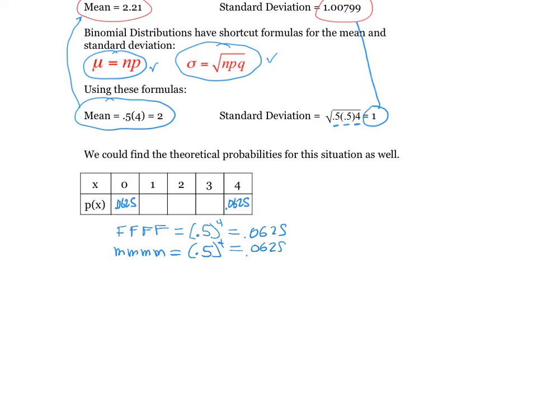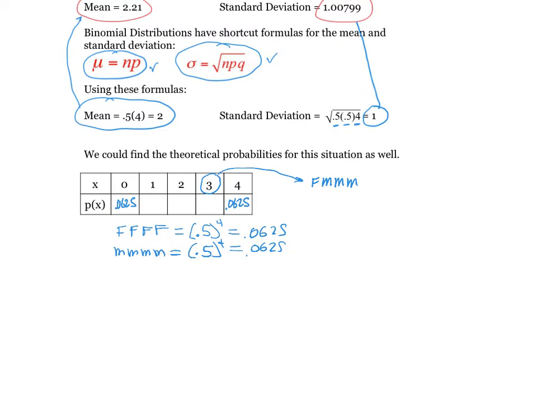Here's where it gets a little more complicated. If I did the 1 female and 3 male situation, which is this one, okay, here I do have to worry about where that female came in the order.